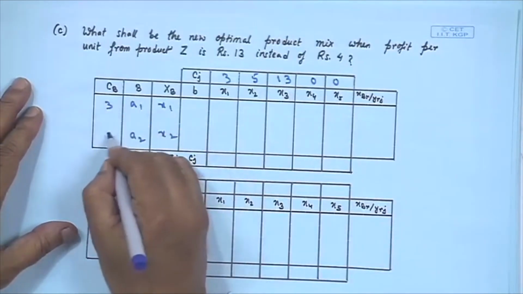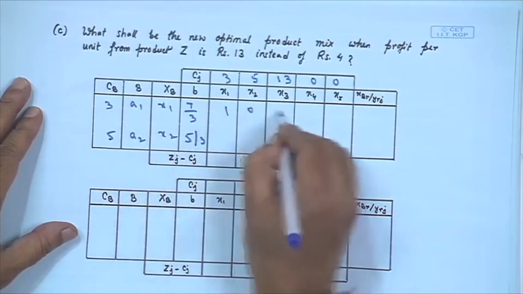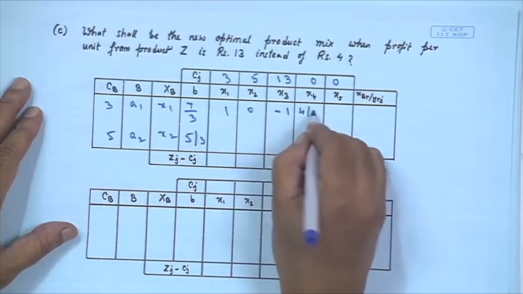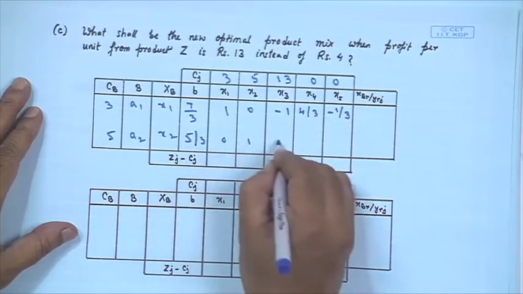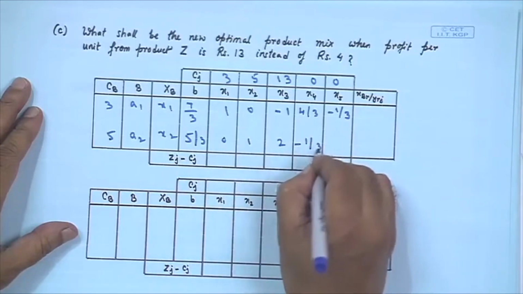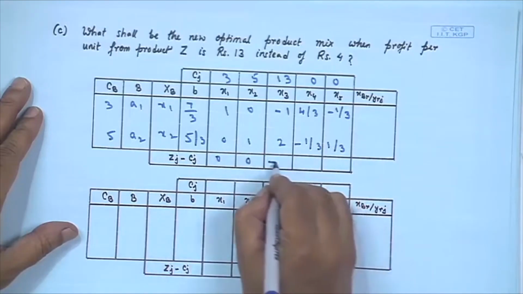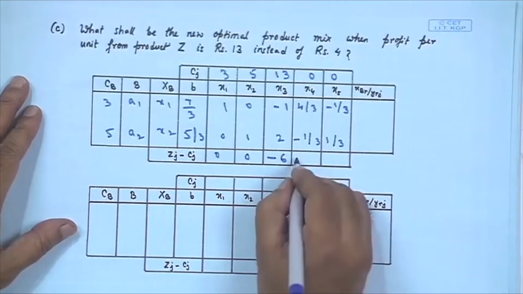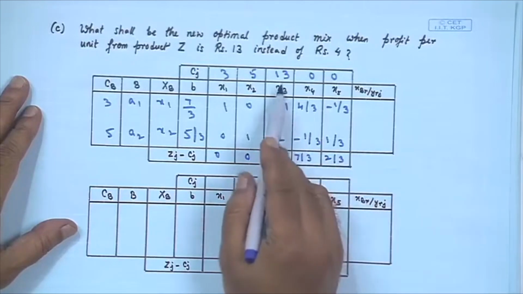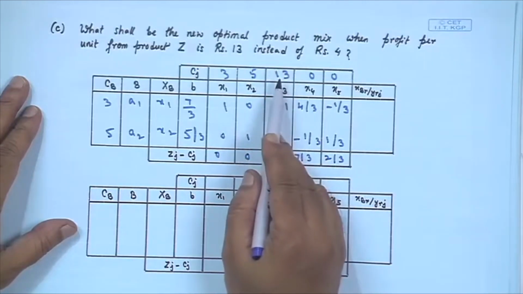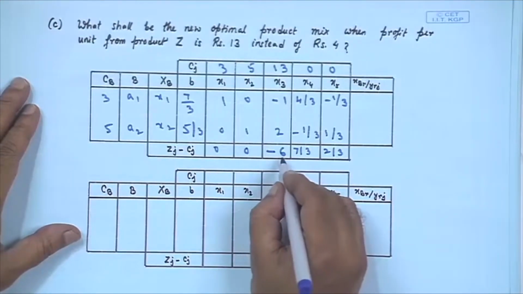So, this is 3 5, this is 7 by 3, 5 by 3, this one is 1 0 minus 1 4 by 3 minus 1/3, this will become 0 1 2 minus 1/3 1/3. So, Zj minus Cj values 0 0, as I have shown, it will be minus 6, 7 by 3 and 2 by 3. So, basically in the last optimal solution you are only changing the value of Cj from 4 to 13 and you are finding that Zj minus Cj is this.